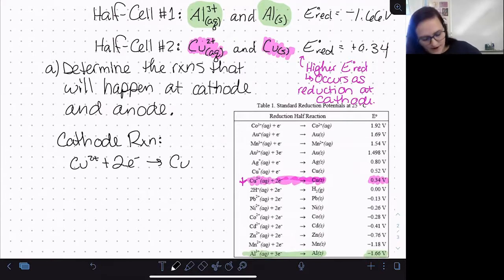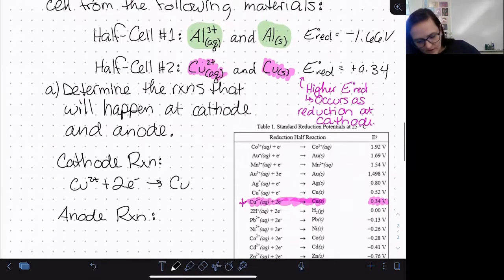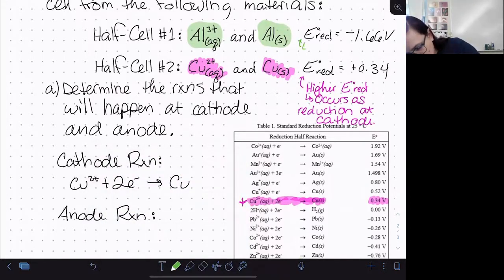For the anode reaction, our aluminum up here was our lower standard reduction potential, which means it's going to occur as oxidation at the anode.